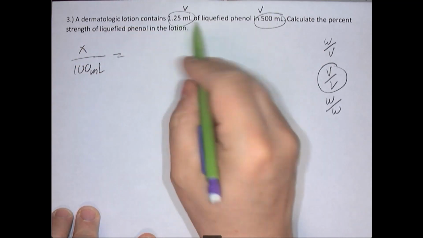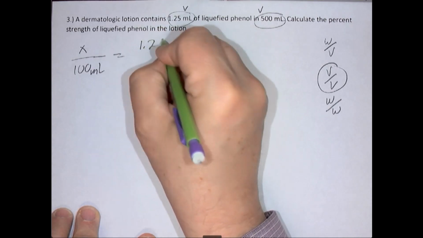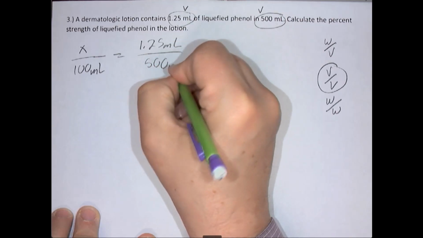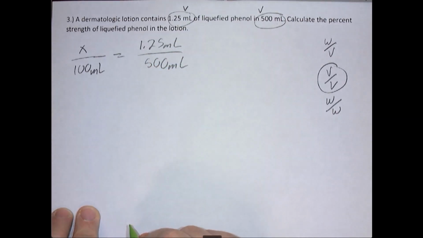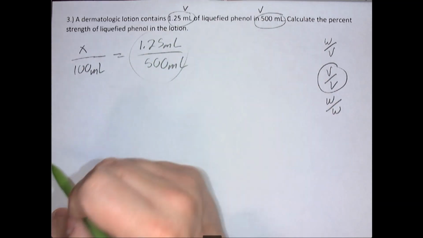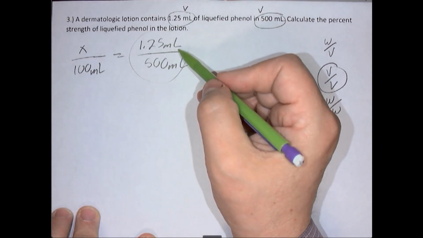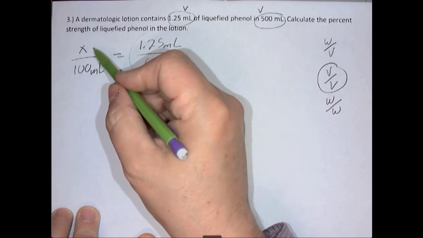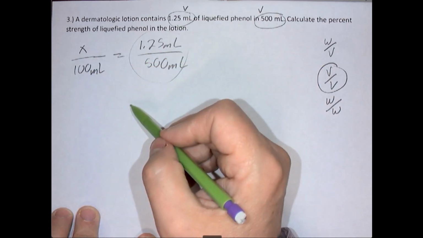But in the problem it says we have 1.25 milliliters per 500 milliliters. But again, to express this as a percentage, instead of per 500 milliliters, it needs to be per 100 milliliters. Well, we do some simple algebra.